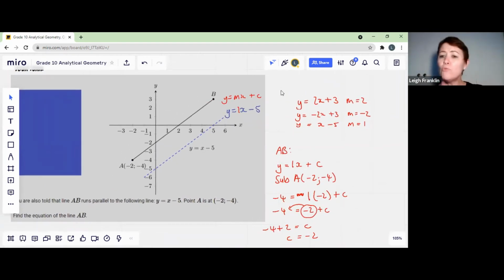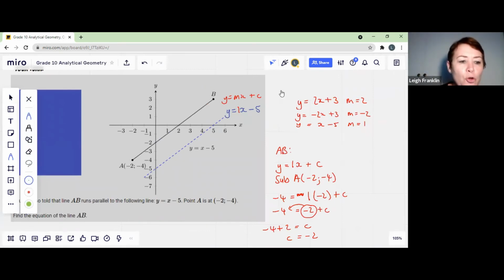Really good question, Maya. What does this minus 5 represent in terms of the blue graph? It represents this point over here. Can you see where I'm coloring in, Maya? This is the y-intercept.